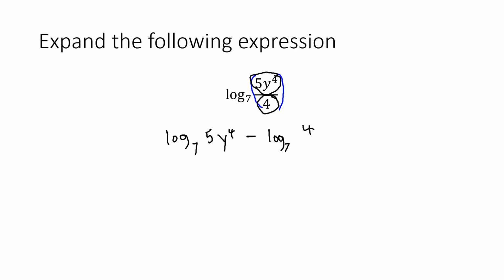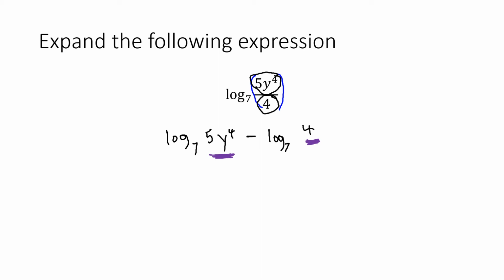In each of the arguments, we need to make sure that there's no other property that can be used. This 4 does not have multiplication or division or any powers, so we can't break it down any further. This 5y to the 4th has both multiplication and a power, so we're going to apply 2 properties to break this one down.